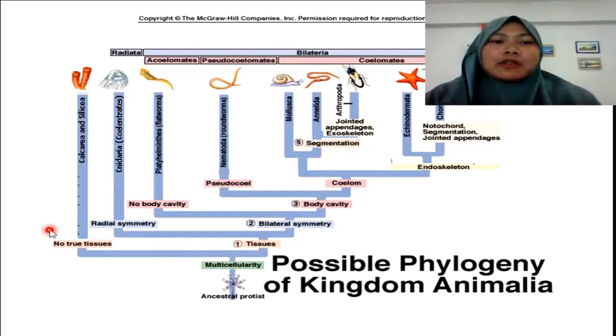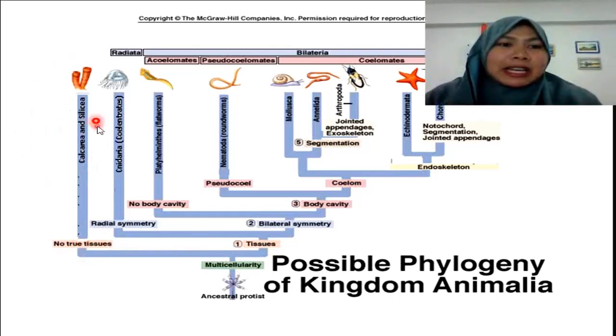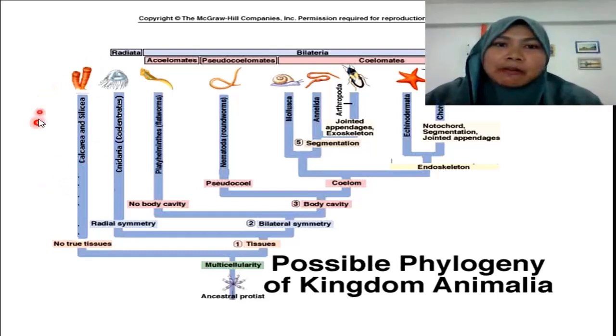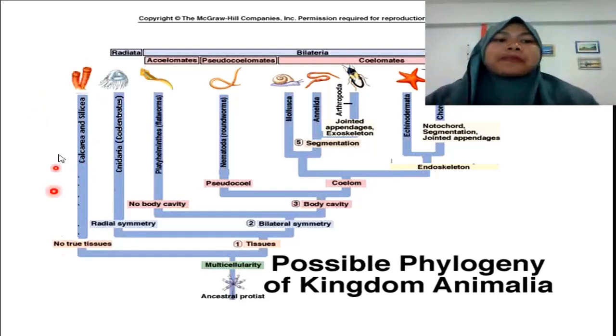Some animals do not have true tissue, and some animals have tissue. Those animals that do not have tissue are organisms in the phylum Porifera, like the sponges. I believe you know SpongeBob. Basically, sponges came from this phylum Porifera. And those are the animals that have true tissue.